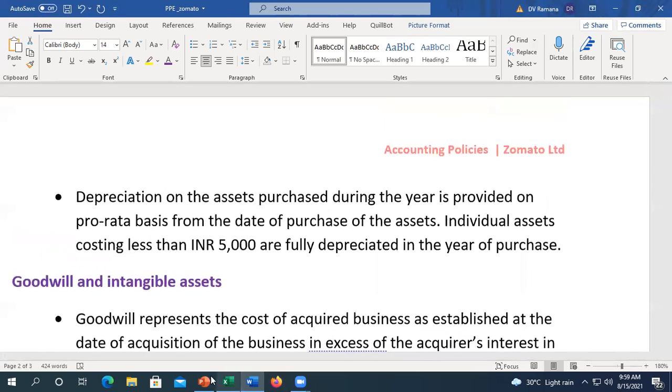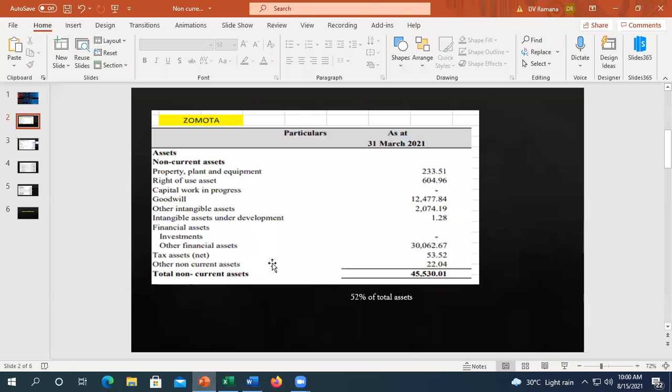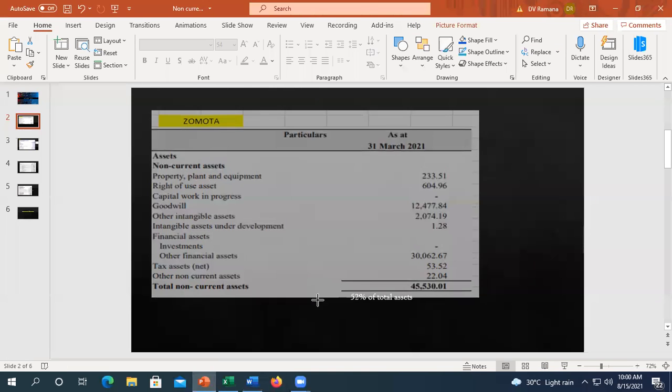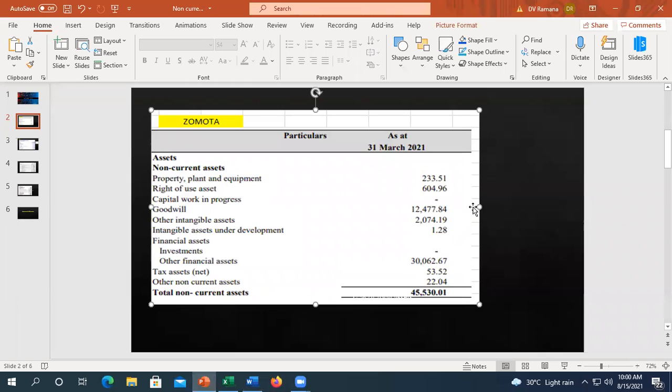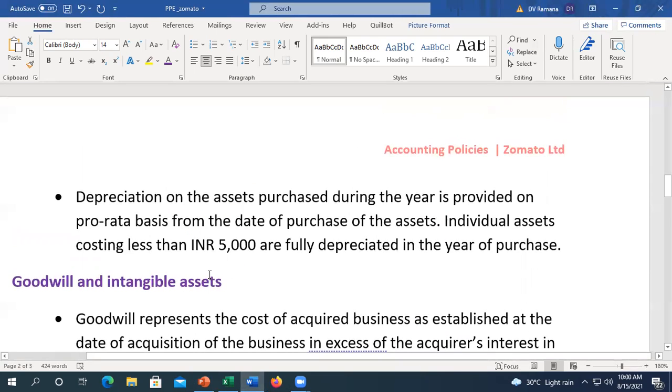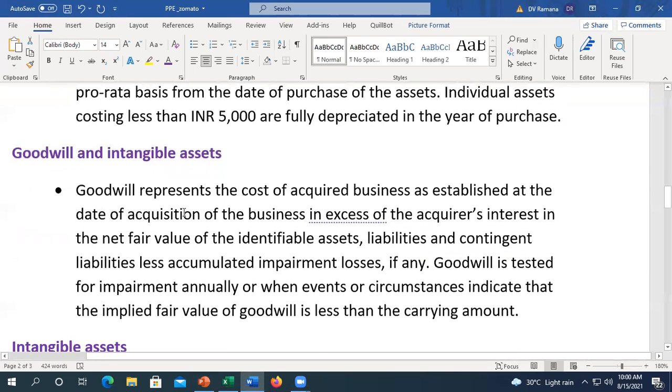And we also saw that a significant amount of the total assets of Zomato are in the form of intangible assets. Now, what are these intangible assets? What is this goodwill? Goodwill represents the cost of an acquired business on the date of acquisition over and above the fair value of assets acquired.